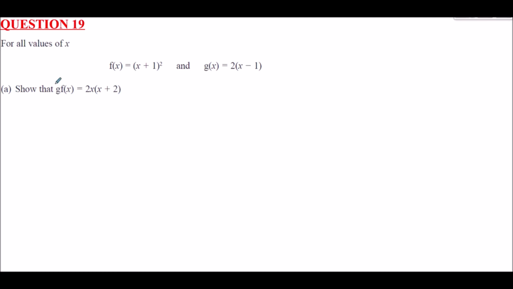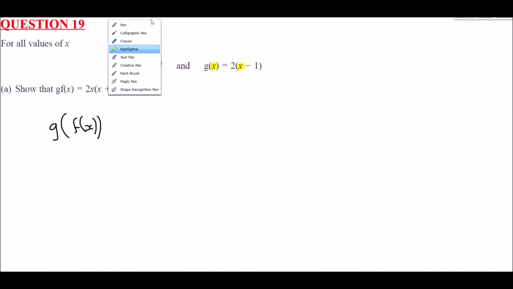So when we do this, we start with the inside and work backwards. So g f of x means we do the function g on the input, which is f of x. So what does g do? Well, g takes an input, puts it inside brackets, knocks 1 off it, and then times it by 2.